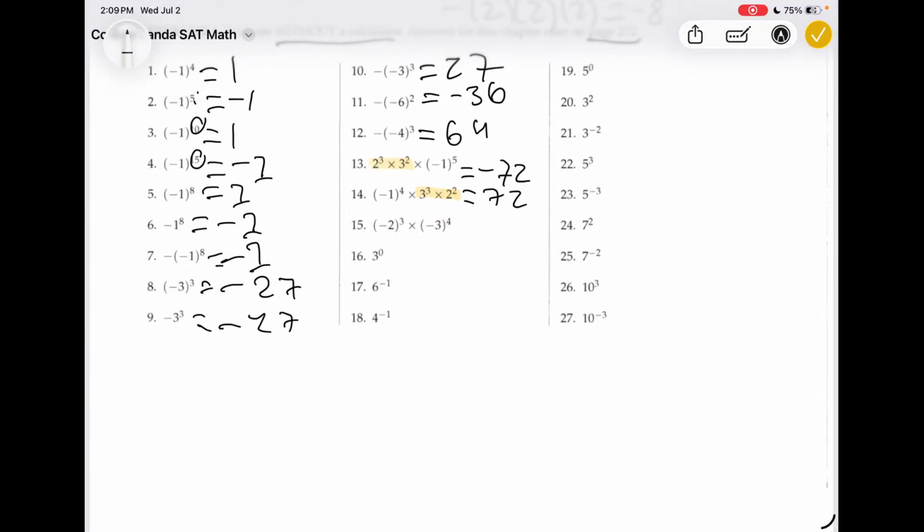Then we got negative 2 to the 3rd times negative 3 to the 4th. Hold up. If it's negative 1 to an odd number, then it stays negative. If it's negative 1 to an even number, it should switch, right? 1 times negative 1 times negative 1 times negative 1 equals. So negative 1 times negative 1 is 1, times 1 equals 1.